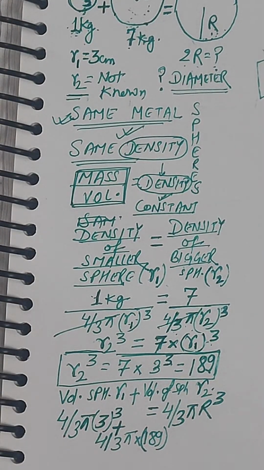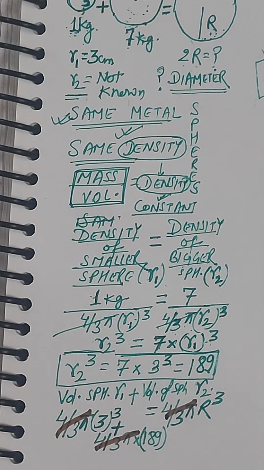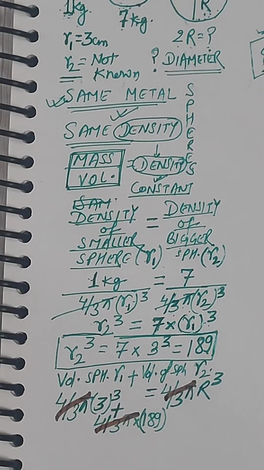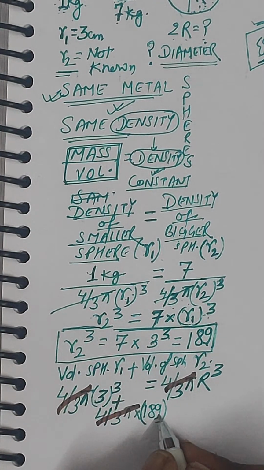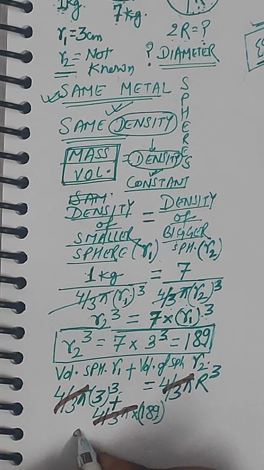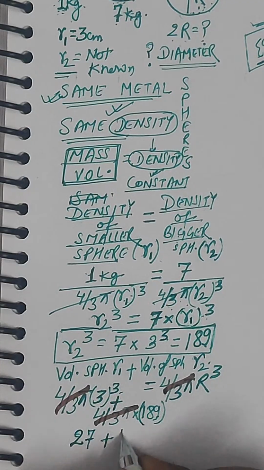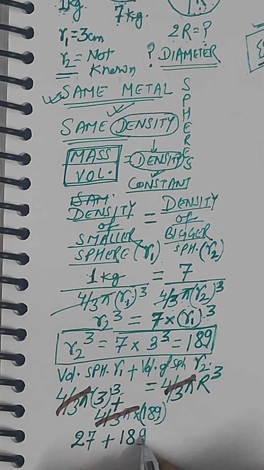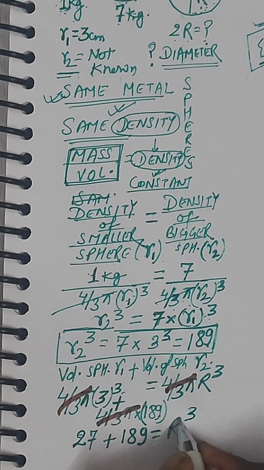So here you can see 4/3 π will be cancelled out everywhere. And we have the values with us, that is 3³ plus 189. 3³ is 27. 27 plus 189 is equal to capital R³.